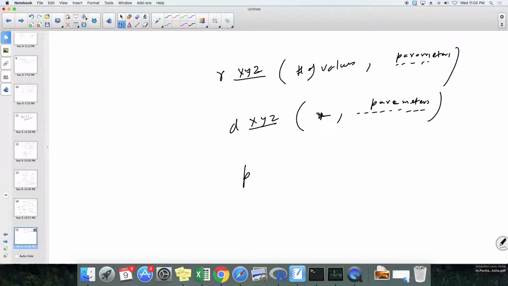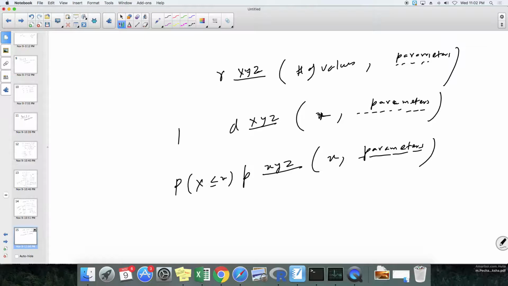And we have pxyz, once again x and then the parameters, and we know this is the CDF at x. So this gives you probability X less than or equal to little x.